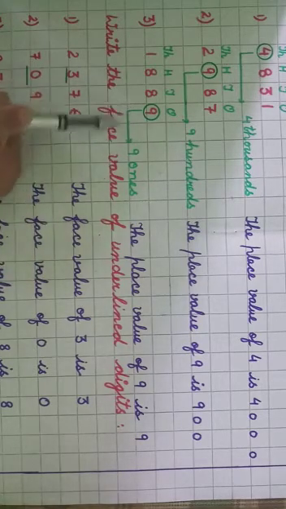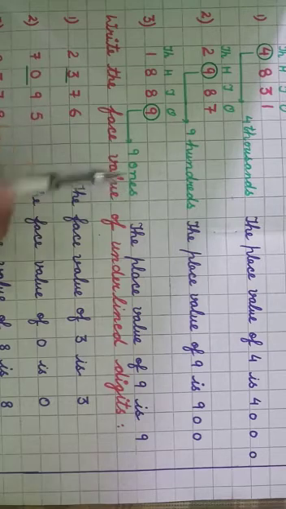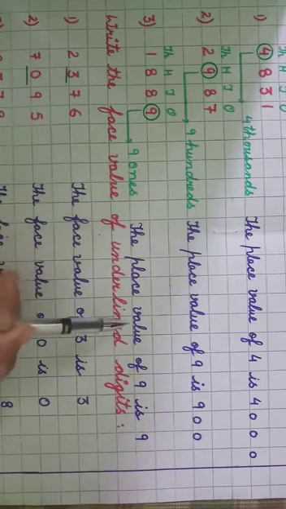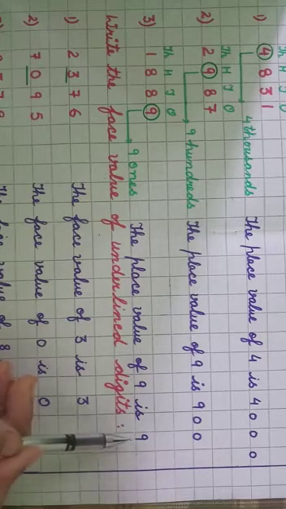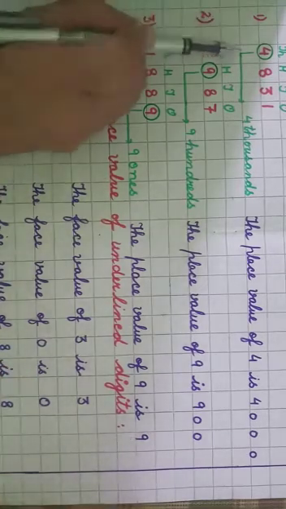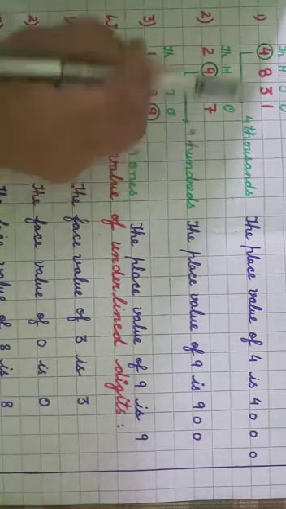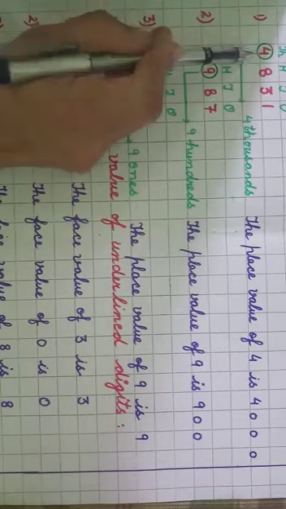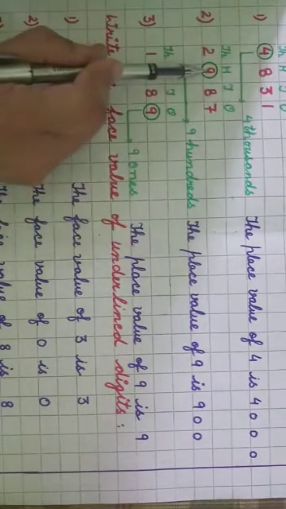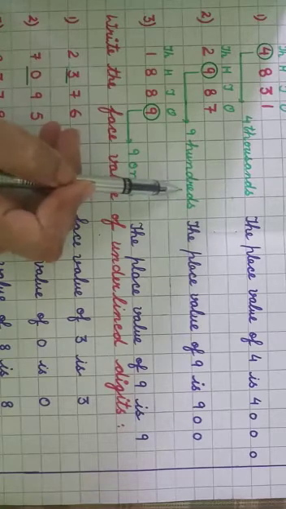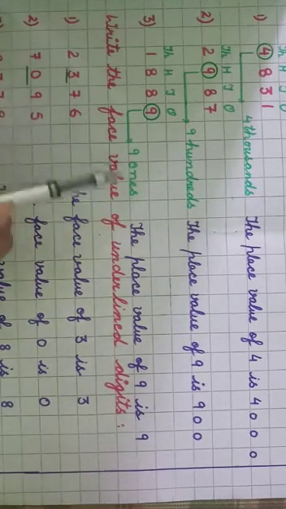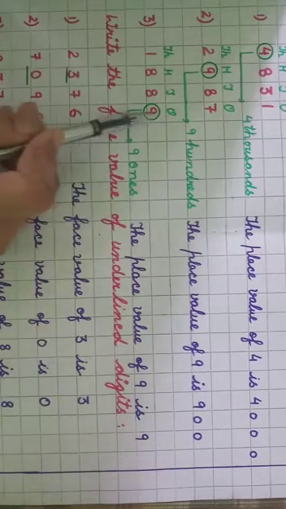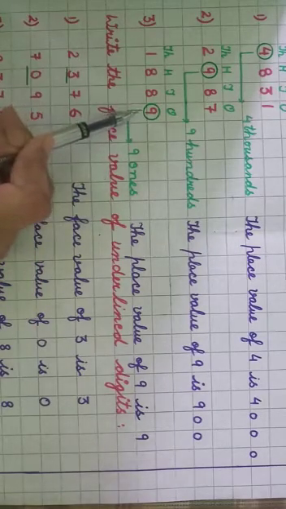So its place value will be 9 ones. And the answer will be the place value of 9 is 9. Clear, students? The place value of 4 is 4000 because it is in thousands place, the place value of 9 is 9 hundreds, and again in the third number, the place value of 9 is 9 ones, because it is in ones place.